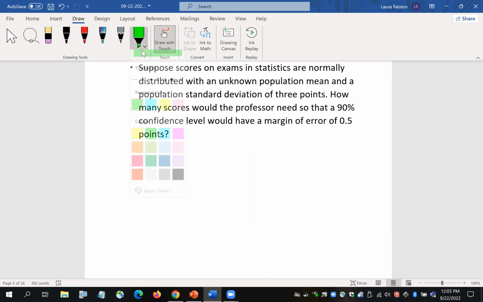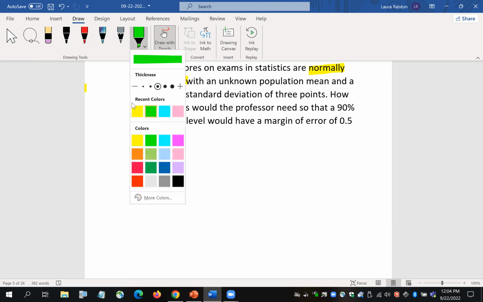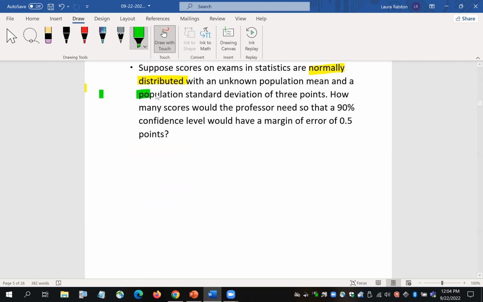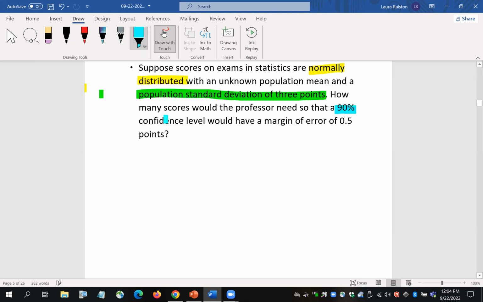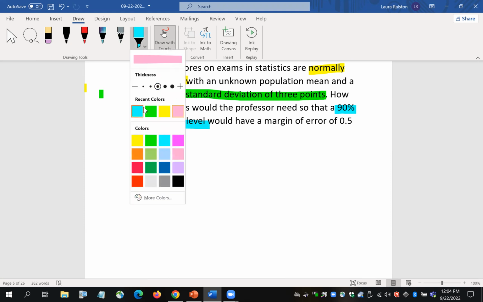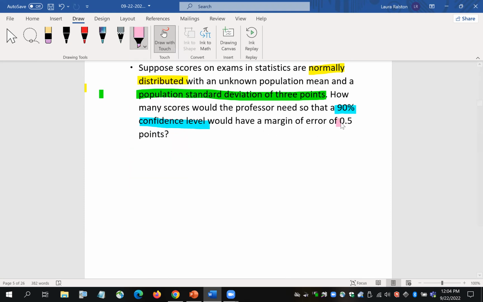Again, notice it tells us several things here. One, it tells us that we are dealing with a normal distribution. It also tells us that our population standard deviation is 3 points. It tells us we want a 90% confidence level and that our margin of error is 0.5 points.